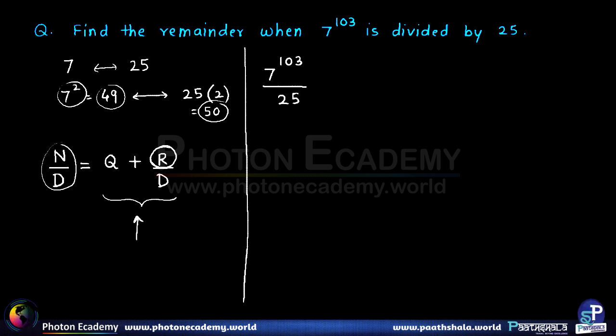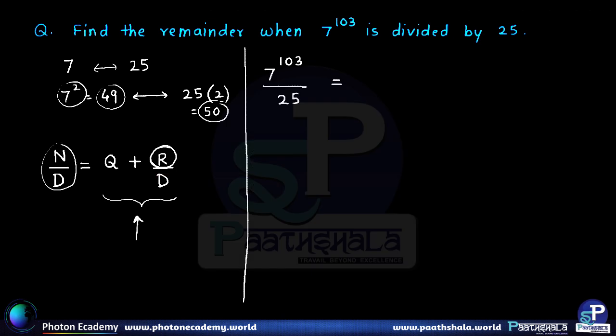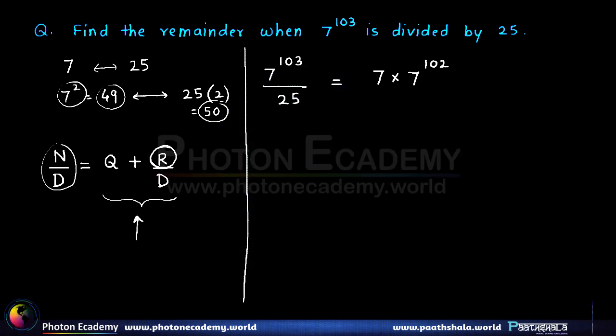For that we have to write some power of 49, because we have identified 49 as the power close to some multiple of 25. So I can write 7 into 7 raised to 102, divided by 25.